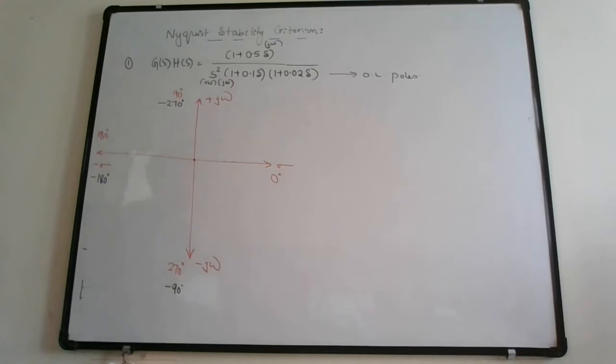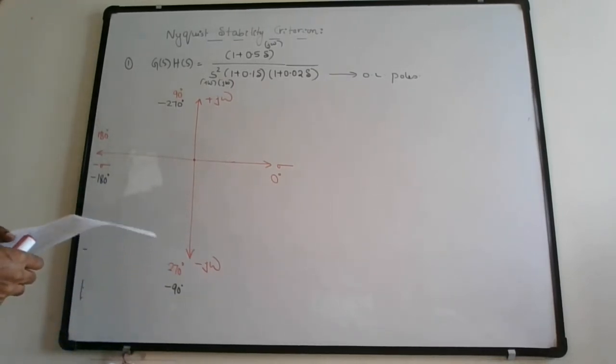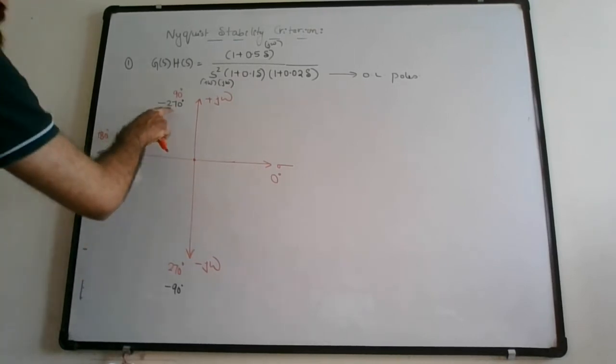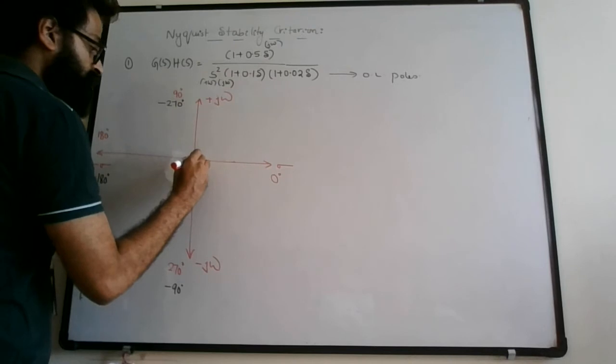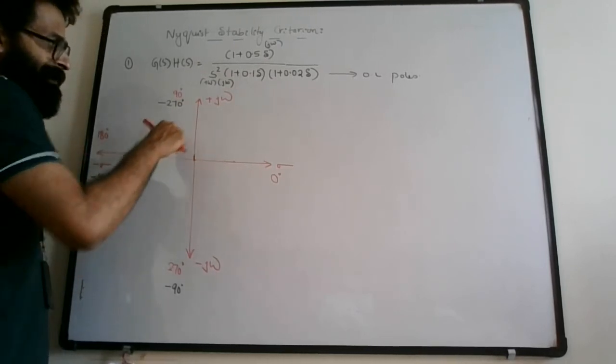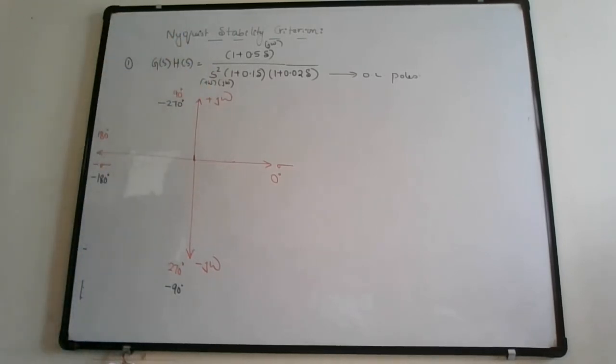So at omega equal to infinity, magnitude is 0 and angle is minus 270 degrees. A small marking you can do is just to indicate that the angle is towards minus 270 degrees.